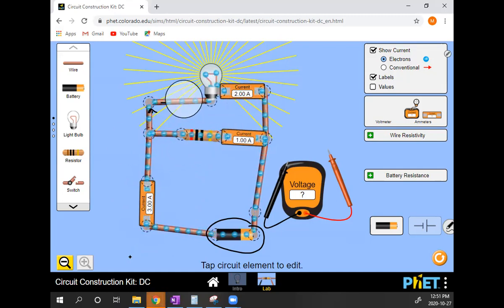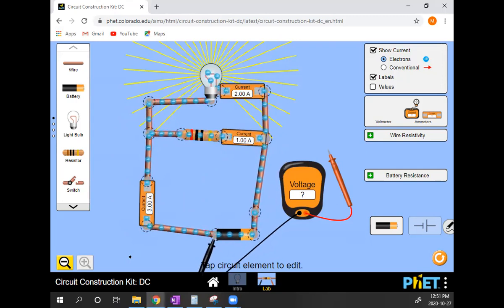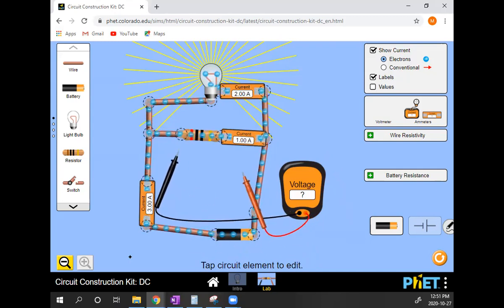Now, if I were to measure voltages, I'm just going to erase my lines that I drew. If I were to measure voltages here, my battery voltage is set to 20 volts. Now, if I take the first path, there's really only one possible drop.